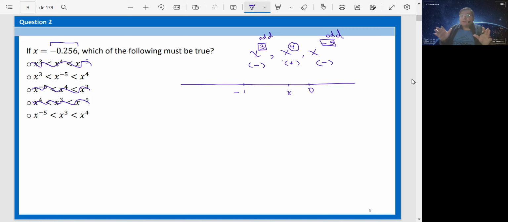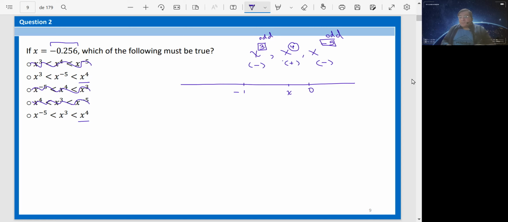X to the 4 is actually the greatest of the 3 powers, so it should be on the right end of the sequence. So we need to pick either option B or option E. Which one is greater, x cubed or x to the negative 5?